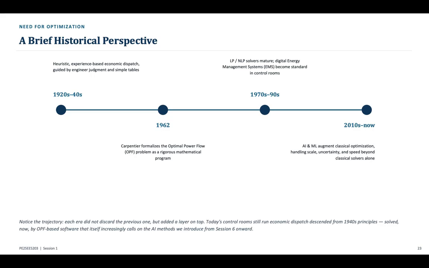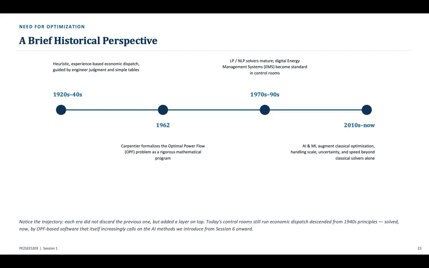A brief historical perspective: early dispatch was heuristic and experience-based, guided by engineer judgment and simple tables, and Carpenter formalized the optimal power flow problem as a rigorous mathematical program in 1962. From the 1970s to the 1990s, linear programming and nonlinear programming solvers matured, and digital energy management systems became standard in control systems. From 2010 onwards to now, it is all about AI and ML augmenting classic optimization, handling scale, uncertainty, and speed beyond classical solvers alone.